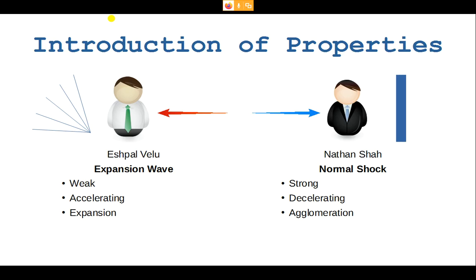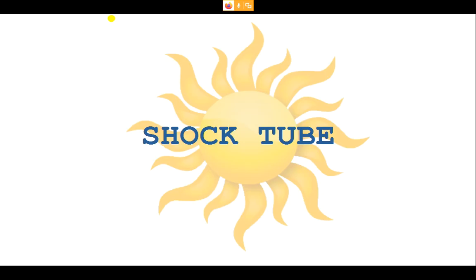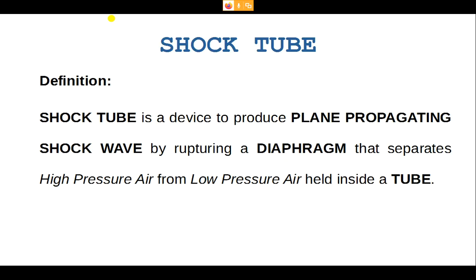So I hope you had a brief idea of what the story is and what we are trying to understand in the coming slides. Moving ahead, the story is about a shock tube, and I will define it here. A shock tube is an experimental device, or test rig, which is tubular in structure and is used to produce plane propagating shock waves by rupturing a diaphragm that separates a high pressure region from a low pressure region.